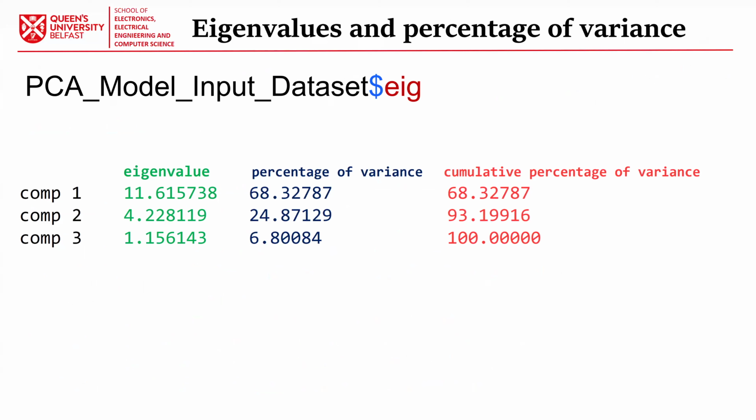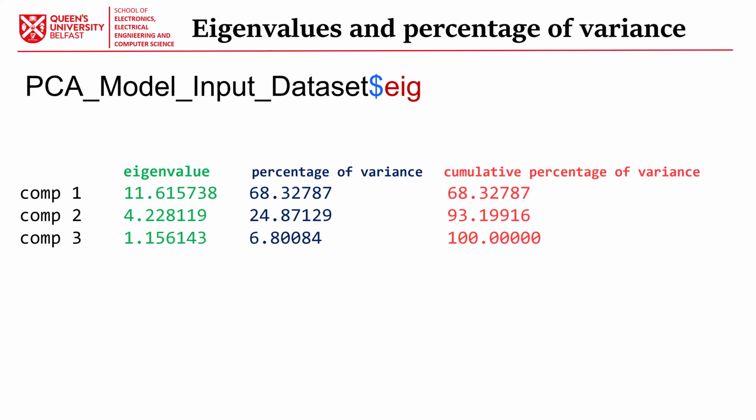So if we use the name of the object originated from running PCA and then $eig, eigenvalues, you can get the eigenvalue related to the three principal components, okay? Do you remember what the interpretation of eigenvalue was?